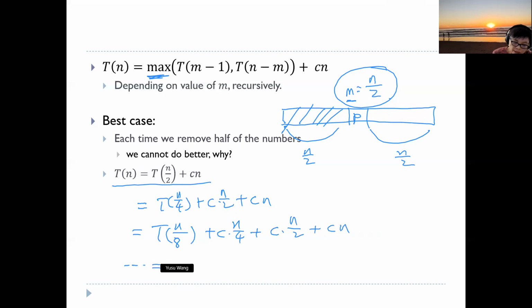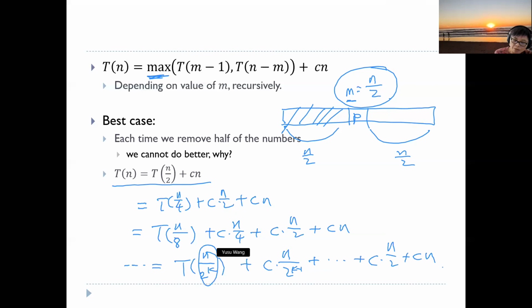And then the general pattern is that, okay, we stop when n over 2 to the k equals 1. So basically, k equals log n base 2. Okay, so we stop when that happens.